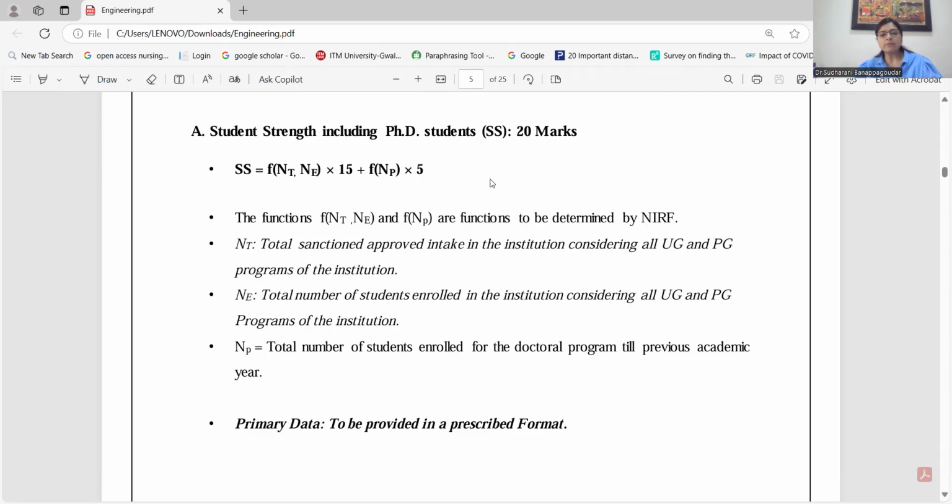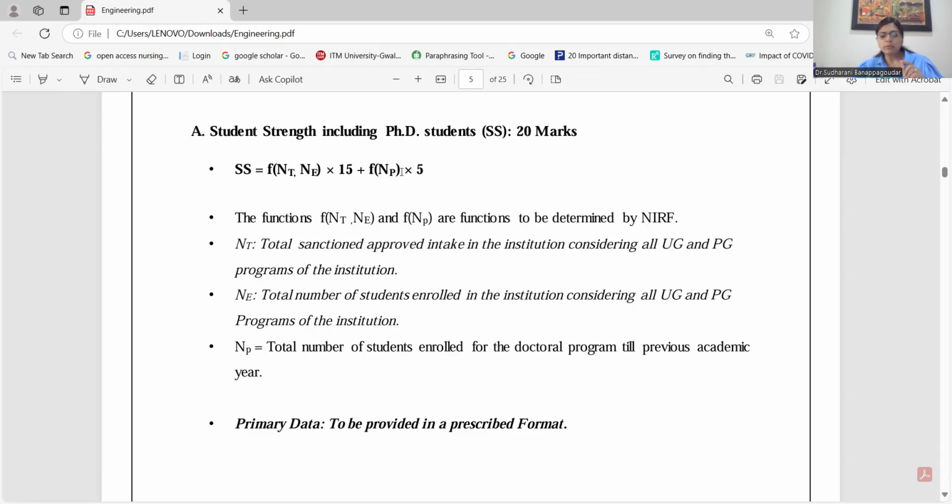So now after substituting all these things in this particular formula, that is SS equals, what was the formula we got here? NT upon NE, 240 upon 240, it was 1. So 1 into 15 plus. Here what we received, that is 10 upon 240, we received the number 0.0417.